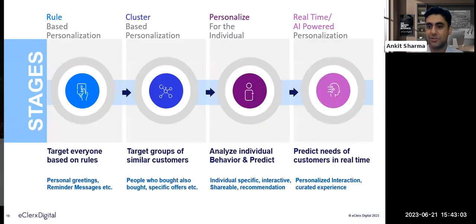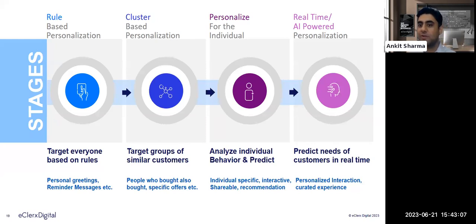And again, I'll just use the same concept to summarize what we've heard from you folks so far. Starting with rule-based, where one size fits all, once a rule or trigger event happens and those conditions are satisfied, we give out a personalized communication. Then there's the cluster-based, where we look at groups of customers who behave similarly and target them through campaigns in a personalized manner.